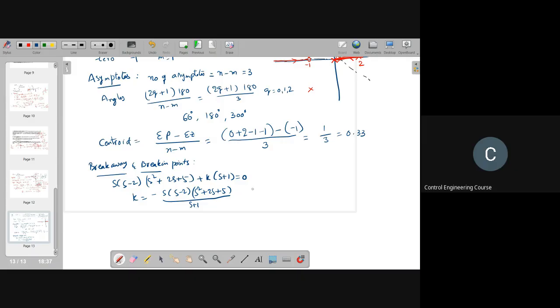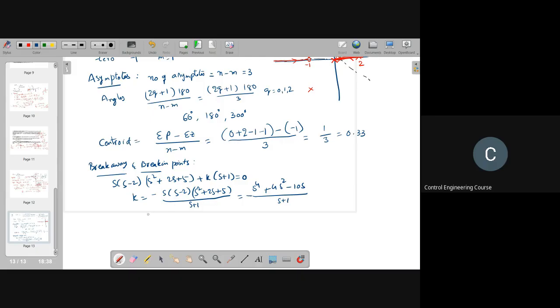Now dk by ds. I'm simplifying this first. If I simplify, we will have s power 4 plus 4s square minus 10s, divided by s plus 1, and then minus 1.